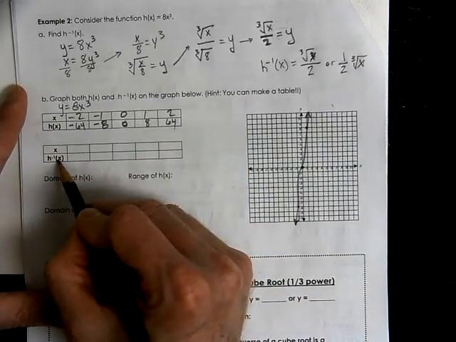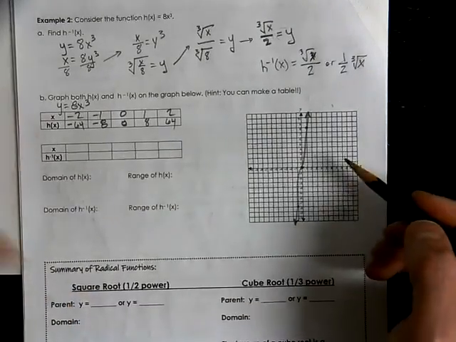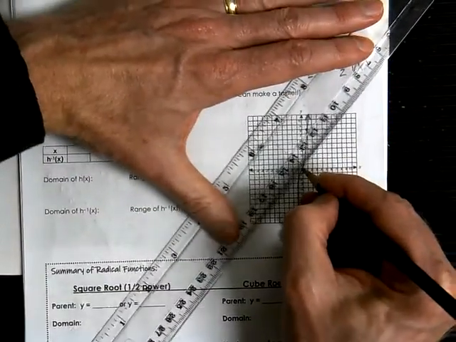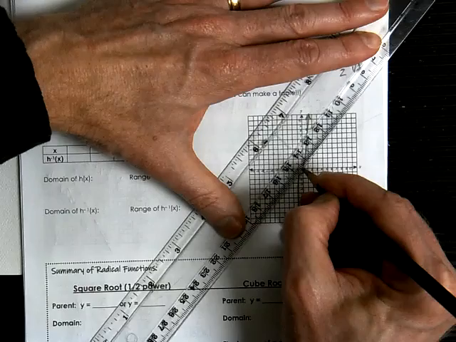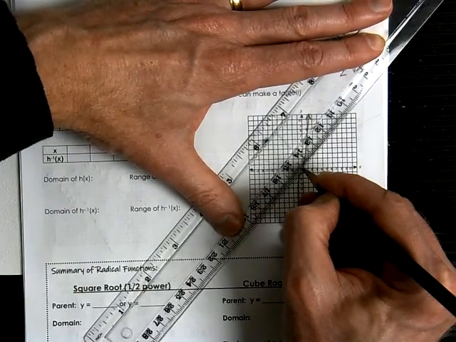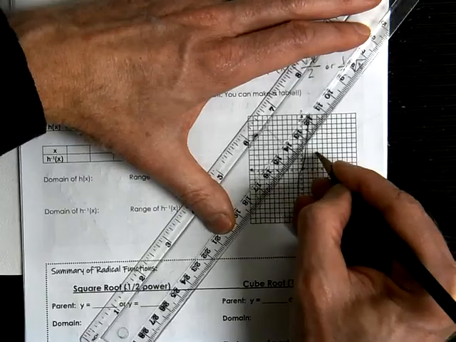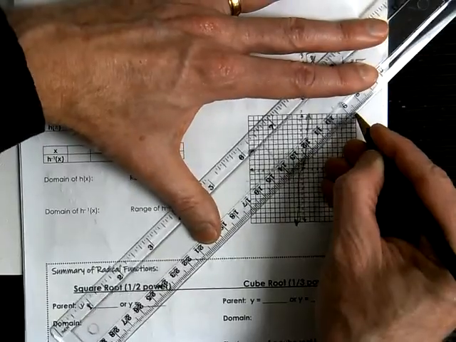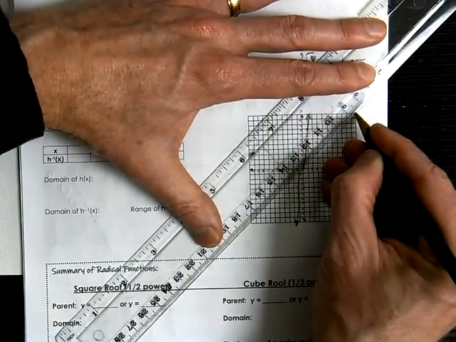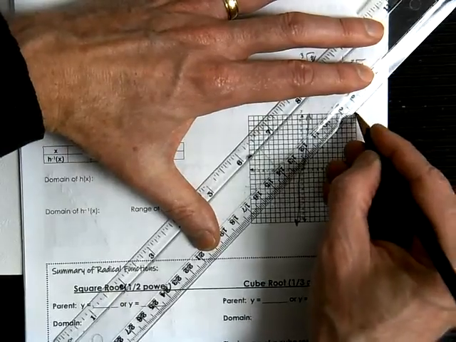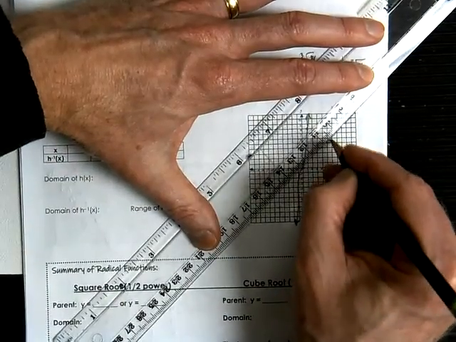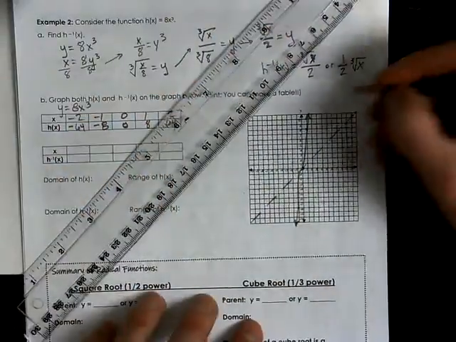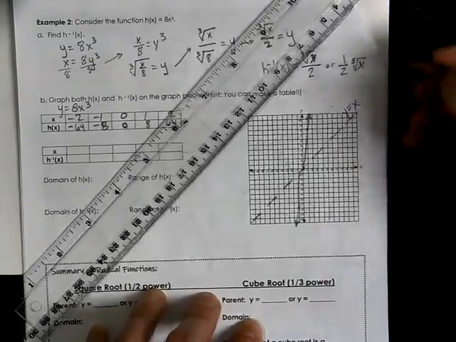So now we're going to do our inverse. Well, we could put in our line y equals x. I want to be sure I hit my points correctly. So that's my line, y equals x.